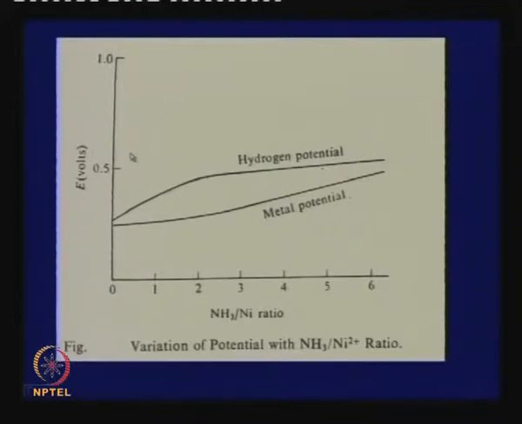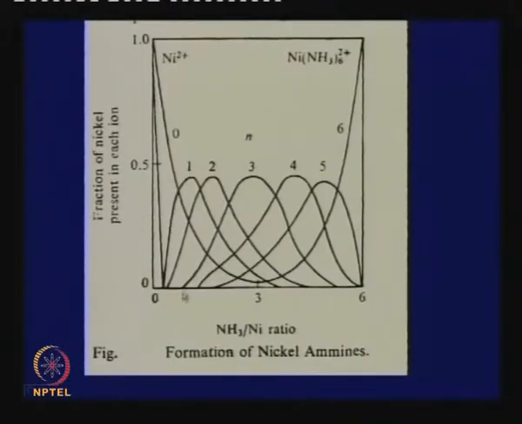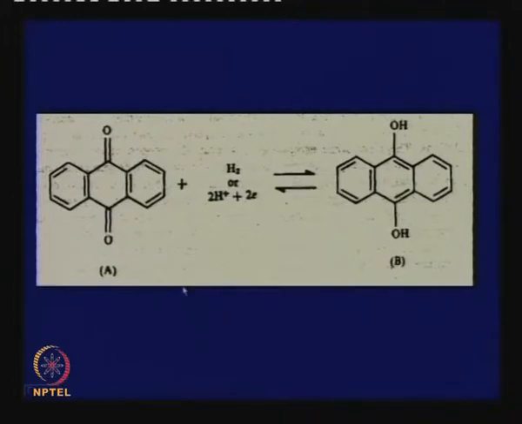So, we said precaution has to be taken, and one way would be to stabilize the metal ion as an amine, and we have discussed the optimum condition, say in the case of nickel, and several other things.